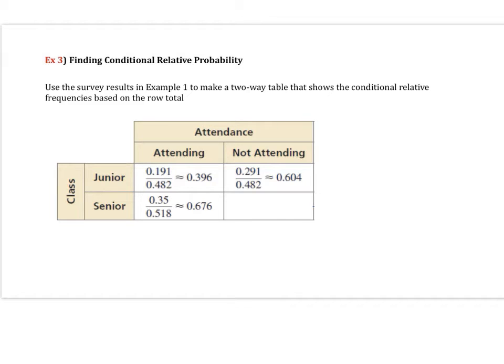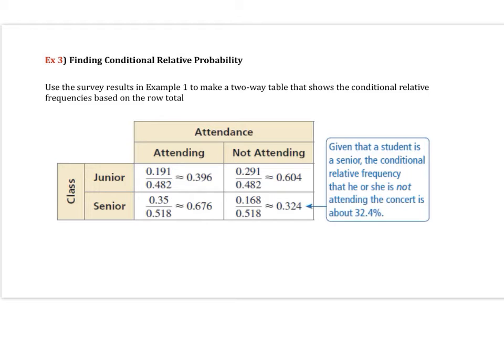Remember, you need to look at the previous example for joint and marginal frequency values to see where these numbers are coming from. So we can interpret these values to mean, like for seniors not attending, we can say, given that a student is a senior, the conditional relative frequency that he or she is not attending the concert is about 32.4%. So this is how you figure out your conditional relative frequency values.